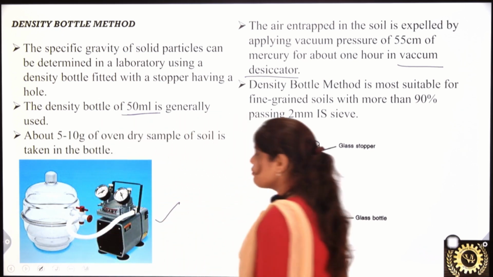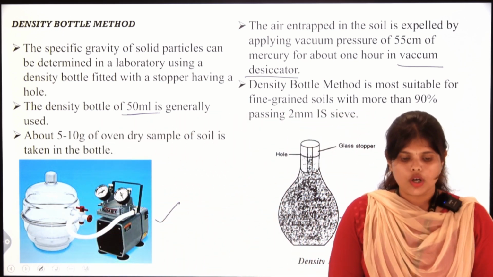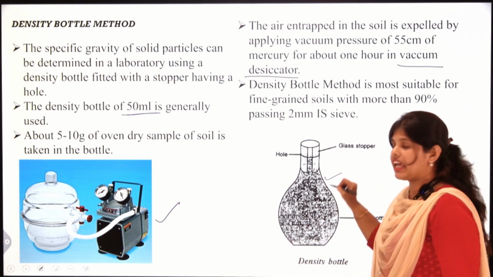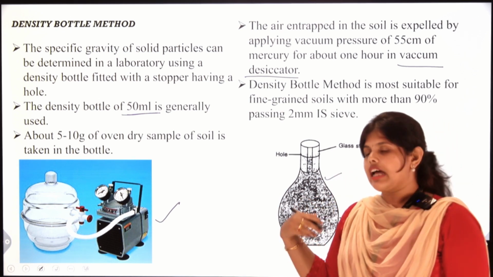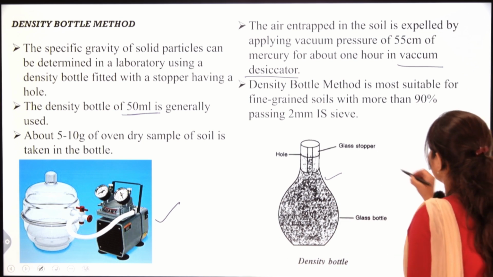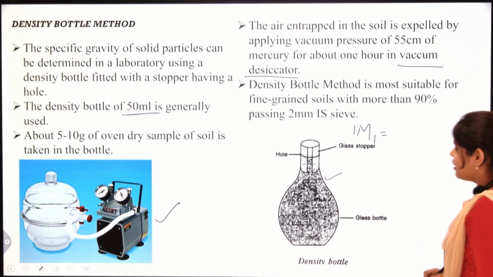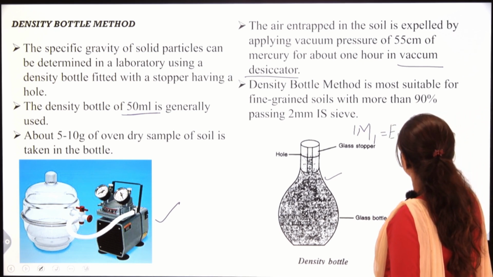First, we oven dry the empty bottle, and after the oven drying process we take the value as M1. M1 is the empty density bottle.